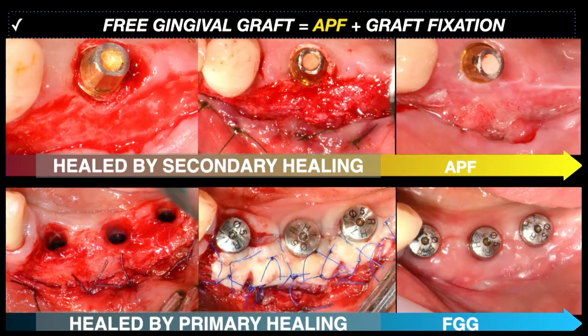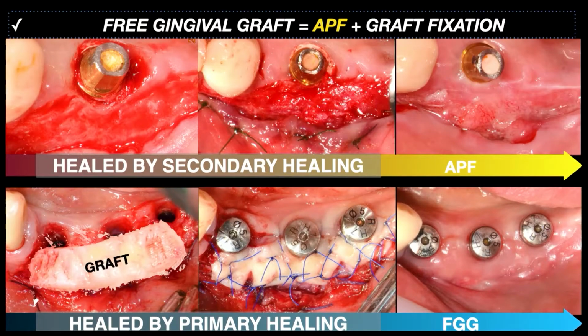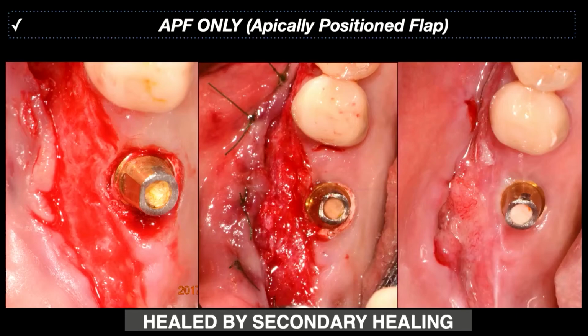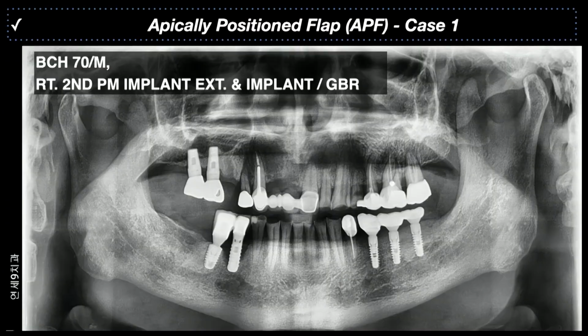So after APF, fix the graft on the exposed periosteum. We call this procedure a free gingival graft. As I mentioned in the previous slide, if we perform APF only, without a graft, it will heal by secondary healing process. Let's see the case.